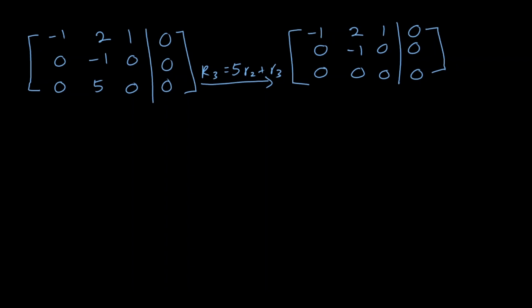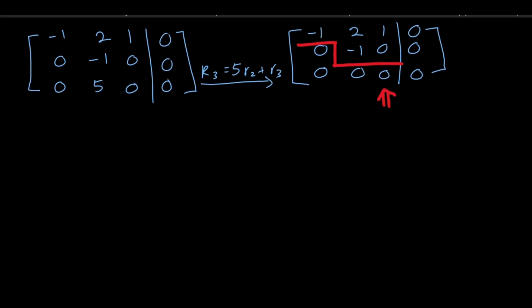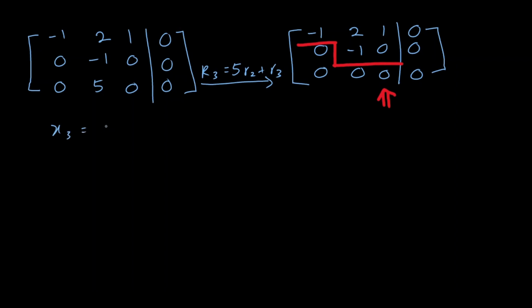Now that I have the simplified augmented matrix, we could see that again, the third column over here contains a free variable. So x3 would be equals to c.